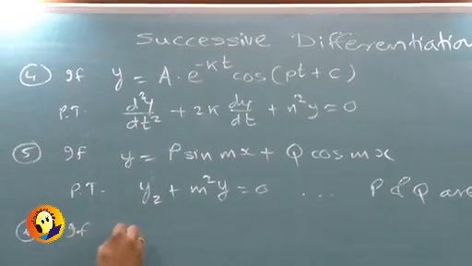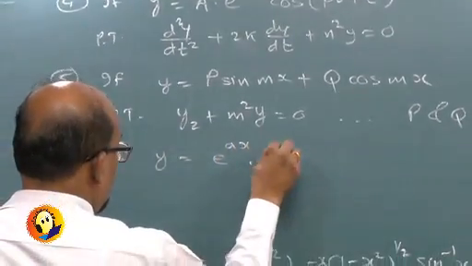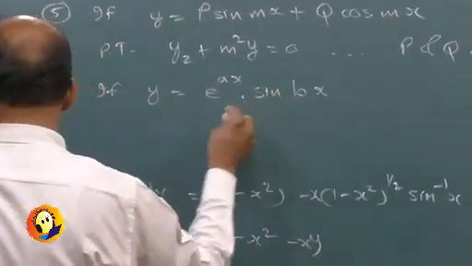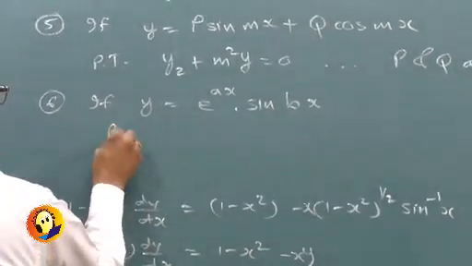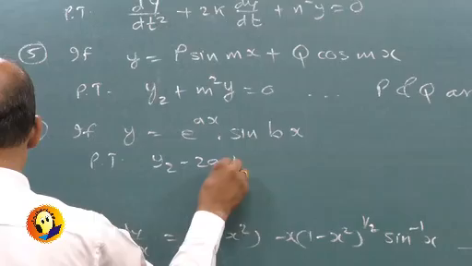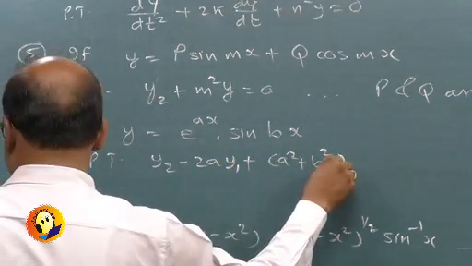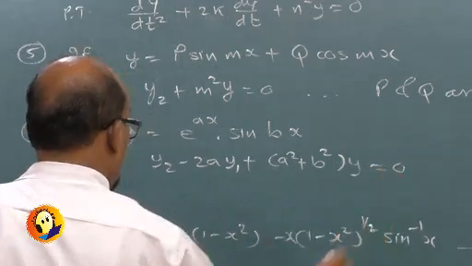If y equal to e raised to ax into sine of bx, prove that y2 minus 2a y1 plus a square plus b square y equal to 0.